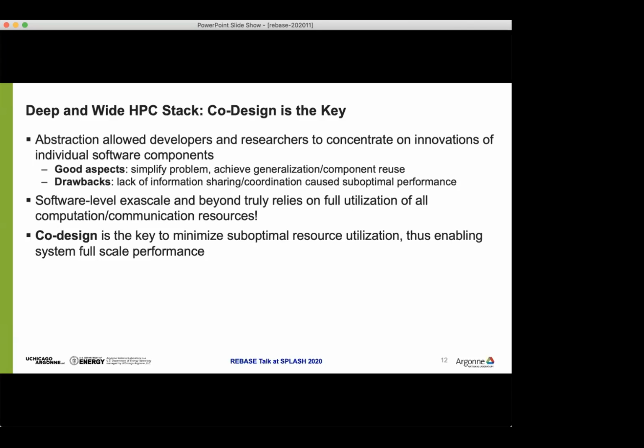Or they are also investigating whether to fully rewrite the entire software, at least the most important computational kernels, by leveraging performance portable frameworks or languages, like domain specific languages, such as Kokkos and RAJA. So they are investigating whether it's worth fully writing an application using a completely different programming interface.